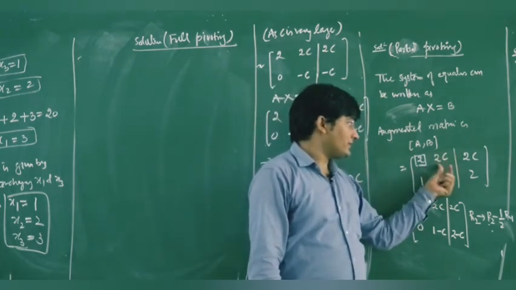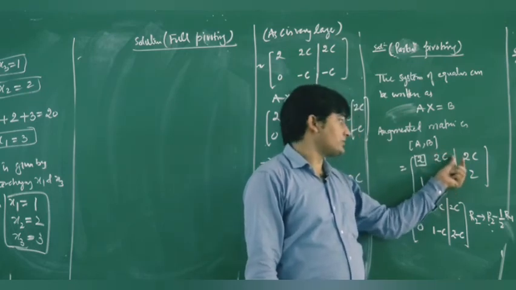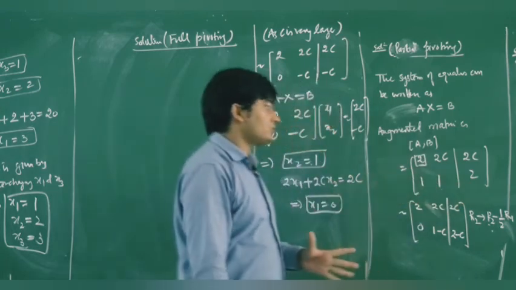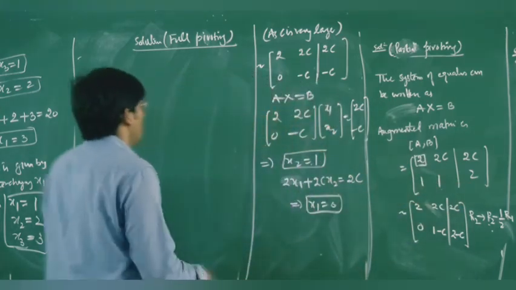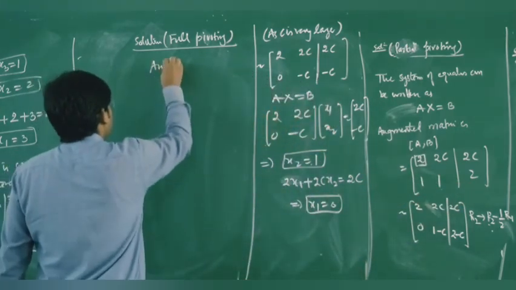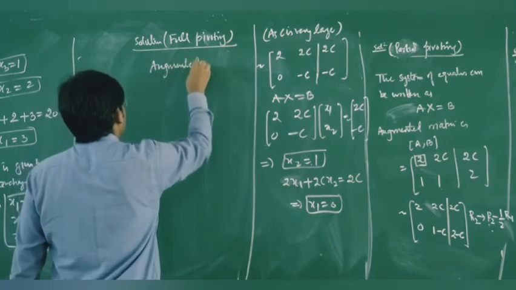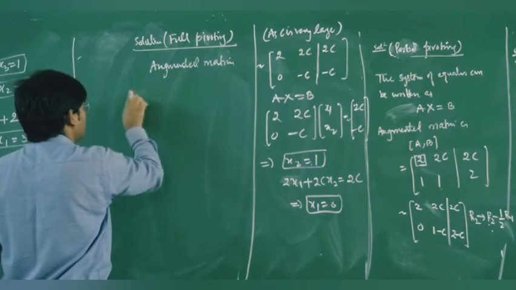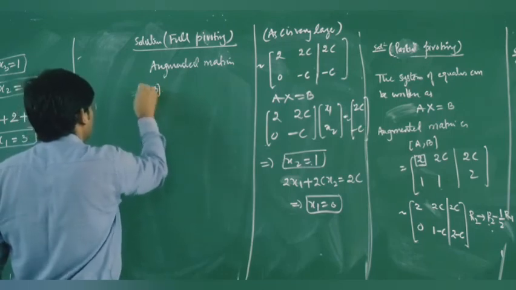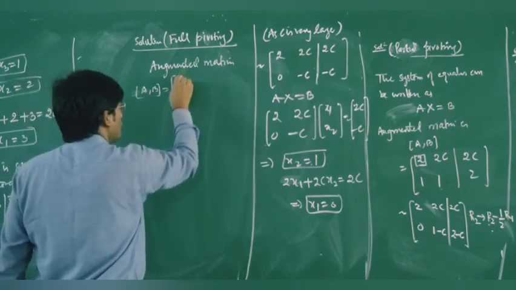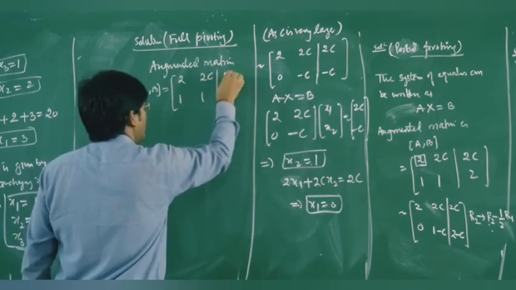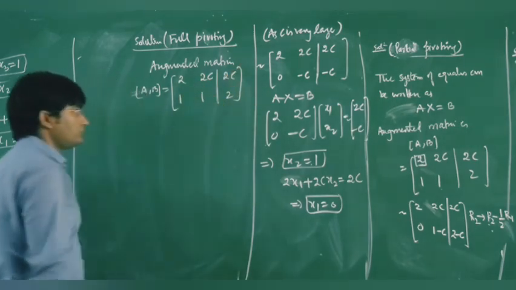So, you can see that this 2C is the largest element in this matrix. So, in case of full pivoting, our augmented matrix is equal to 2C, then we have 1, 1, then we have 2C and 2.